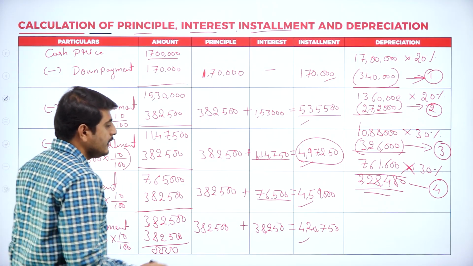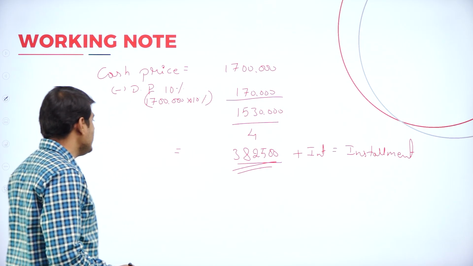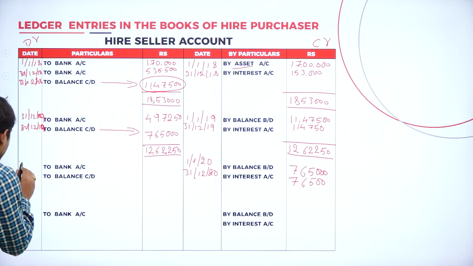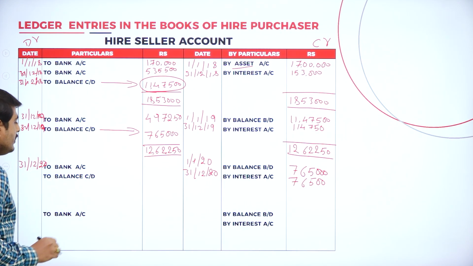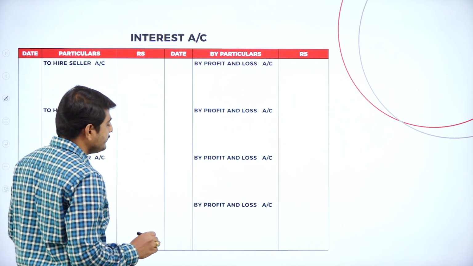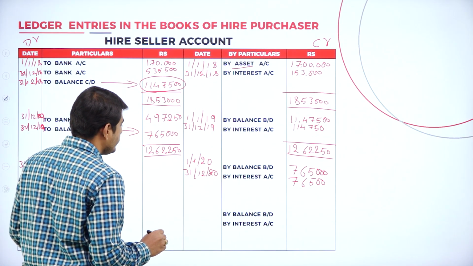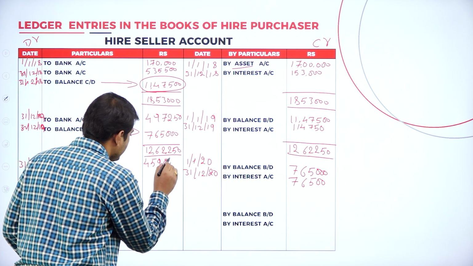Now, what is the third year installment? 4,59,000 is the third year installment. So, on which day am I going to pay the third year installment? 31st/12/2020. I am going to pay 4,59,000.